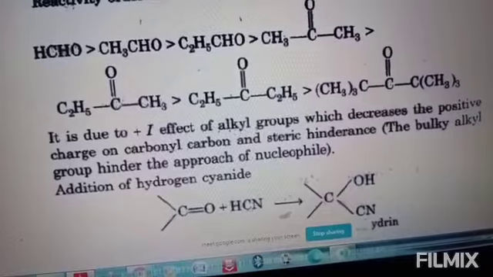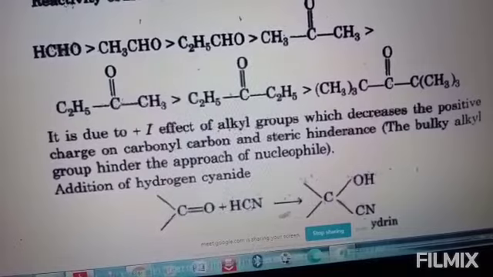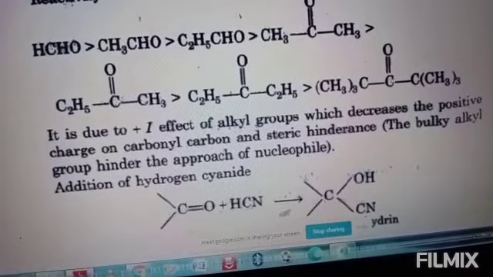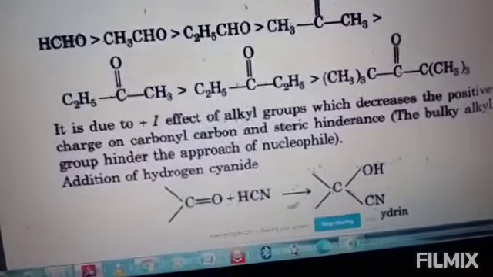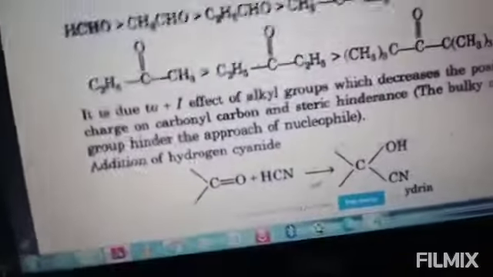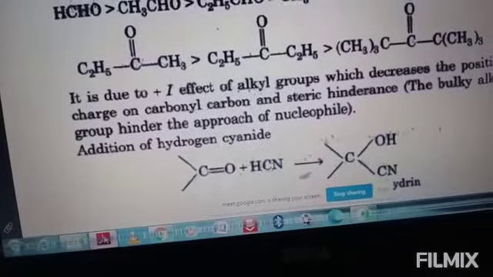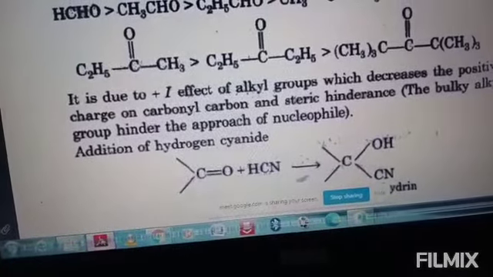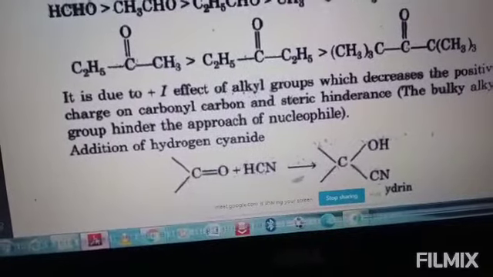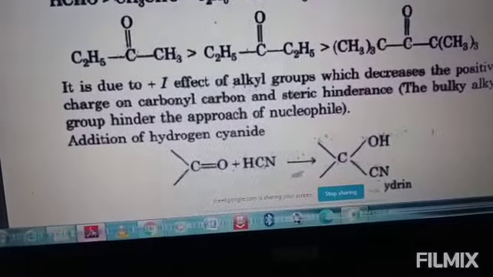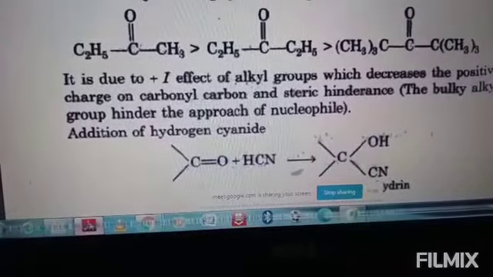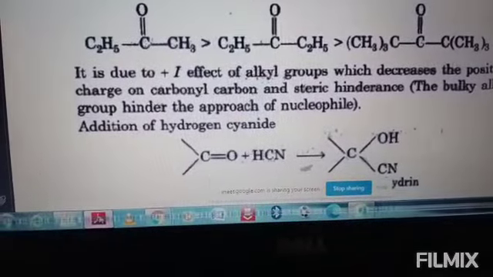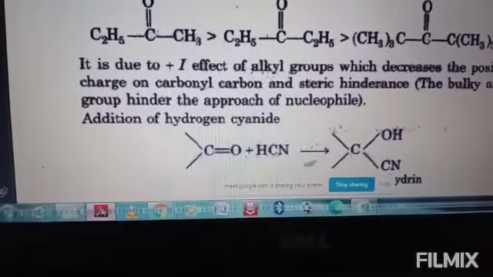So in Example 12.3, do we expect benzaldehyde to be more reactive or less reactive in nucleophilic addition than propanal? So let us see this answer, which is in Example 12.3. If we say benzaldehyde, that means a benzene ring with an aldehyde group, that we call benzaldehyde, and propanal means CH3CH2CHO, that is what we call propanal.